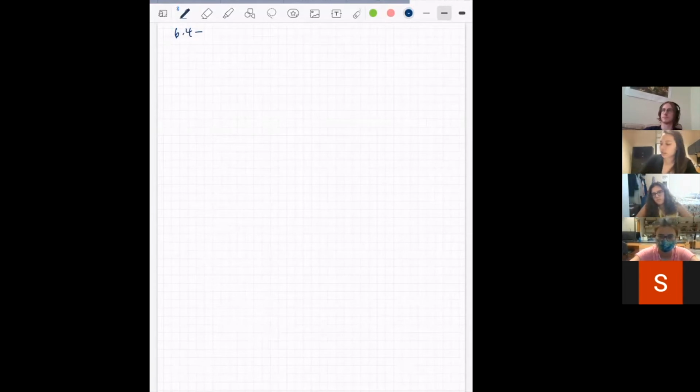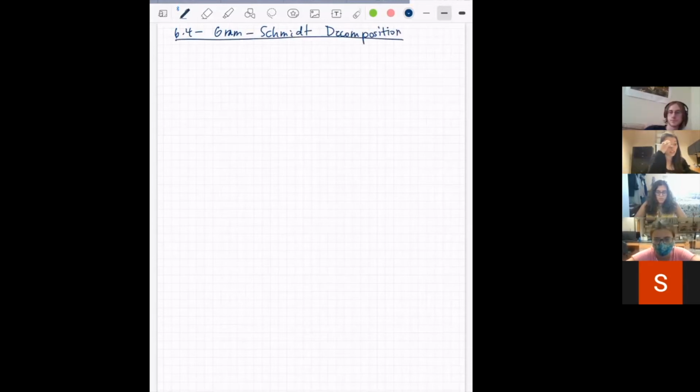Let's see. So 6.4, this is the Gram-Schmidt decomposition. And the idea here is that you have a basis of some space, maybe it's a subspace, something like this.